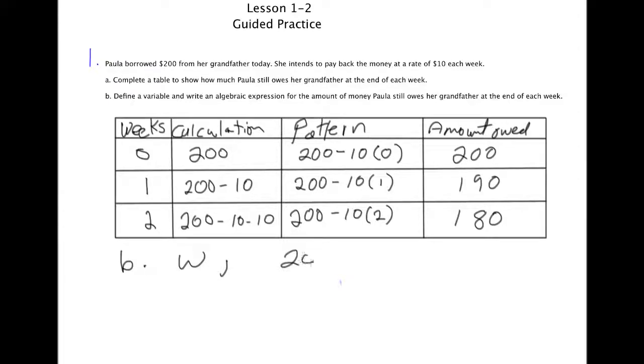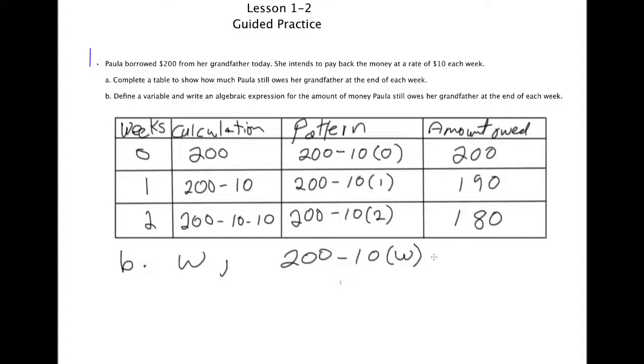It's 200 minus the $10 per week, and here's the changing item, so that's our weeks. That's where our variable goes. And so now we have a linear equation that's 200 minus 10 times W equals the amount owed.